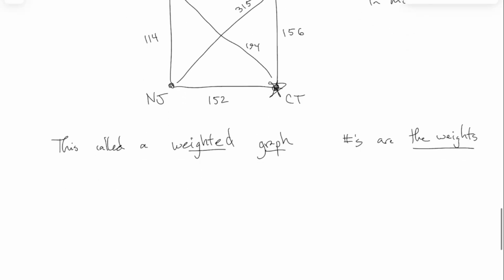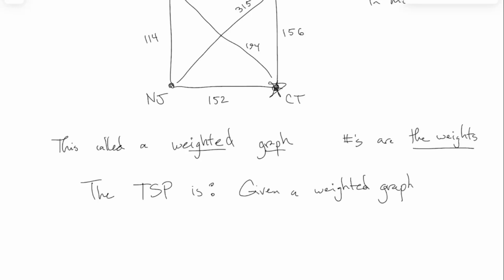And the traveling salesman problem, just to say it very clearly: given a weighted graph, find the Hamilton circuit with the least possible total weight.